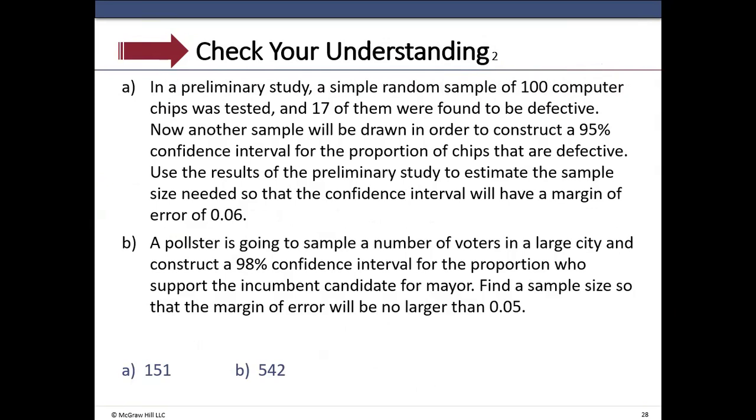So the area in the two tails is 1 minus 0.98, which is 0.02. Divided by 2, that is 0.01 in each tail. So the area in the left tail is 0.01. This will help us find the critical value of z.